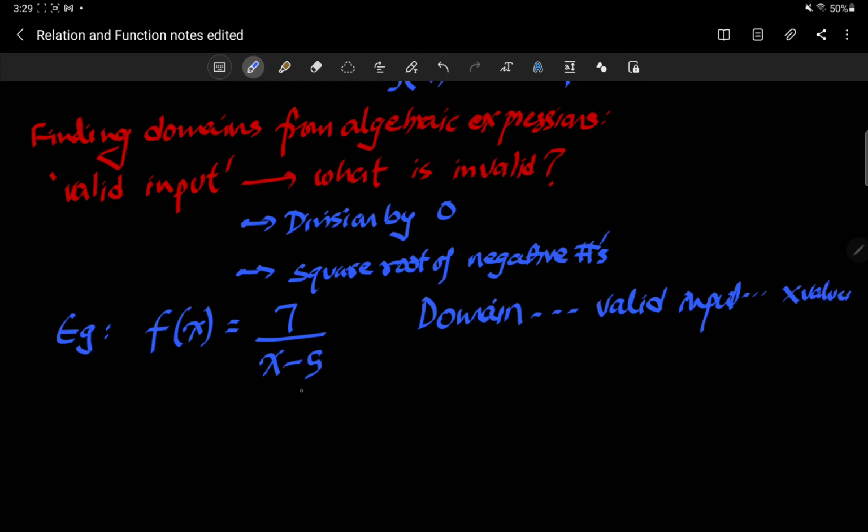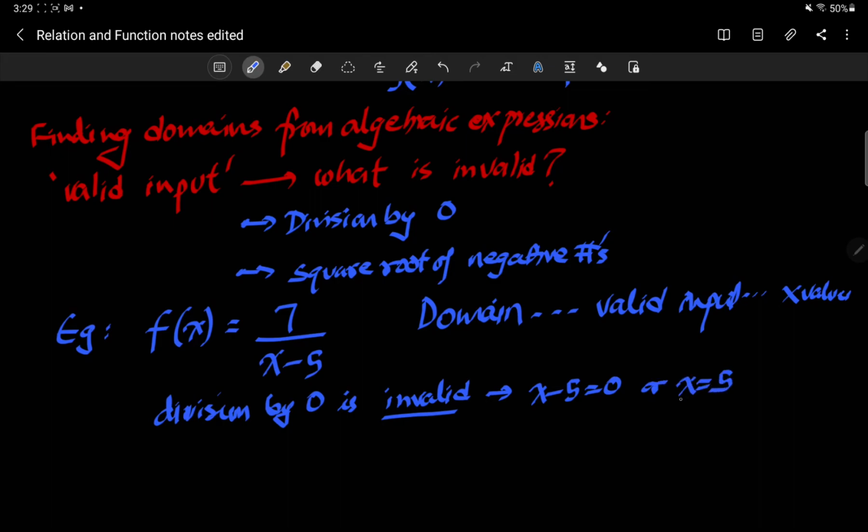Over here, you can plug in x to be anything except 5, right? So what you have to recall is that division by 0 is invalid, and division by 0 occurs when x minus 5 is 0, or when x is 5.